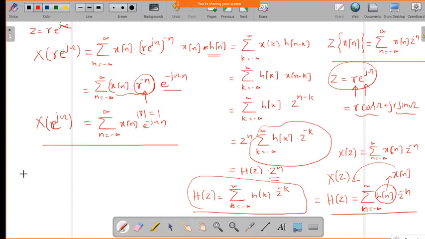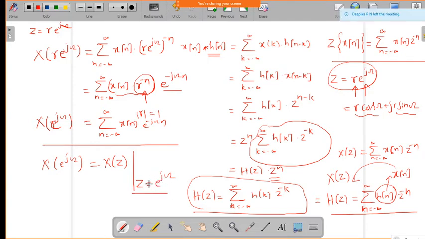This discrete time Fourier transform X of e power j omega becomes the z transform when z equal to e power j omega. If you consider the magnitude as 1 and replace z equal to e power j omega in this equation, you will get e power minus j omega n, which gives back the discrete time Fourier transform.